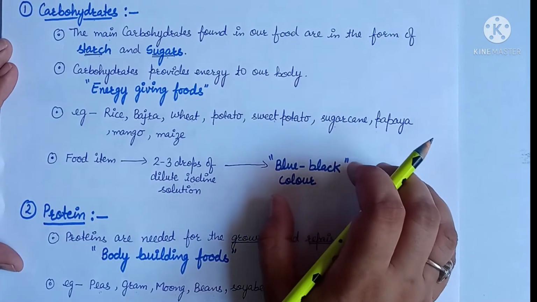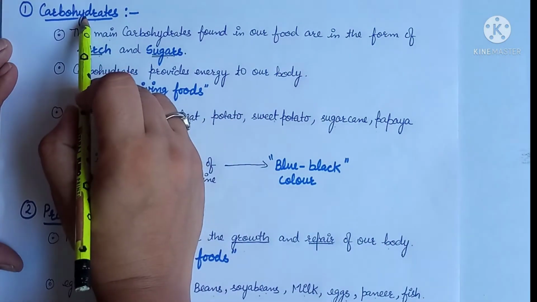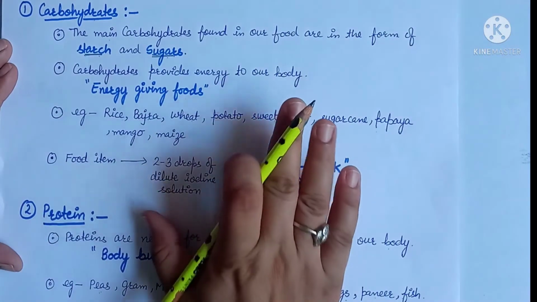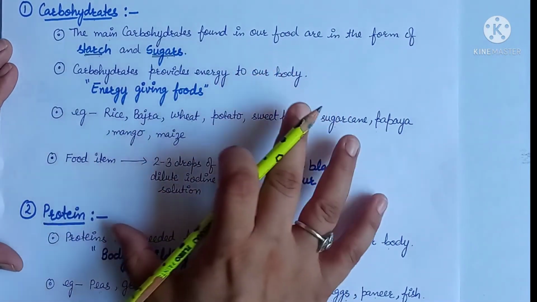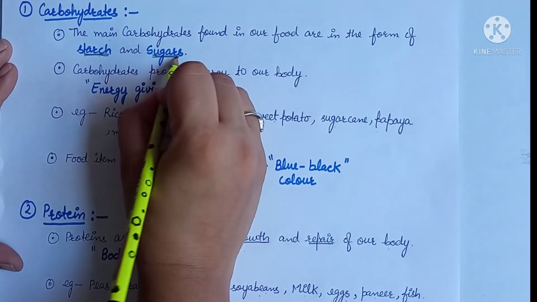Now let's move to our first major nutrient, which is carbohydrates. There are many types of carbohydrates present in our food, but the main carbohydrate found in our food is in the form of starch as well as sugars.